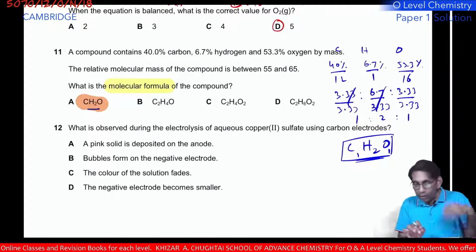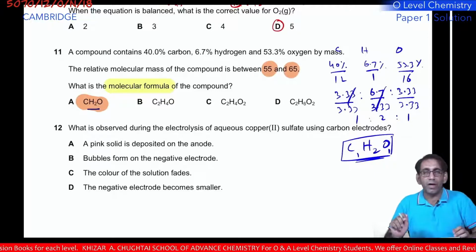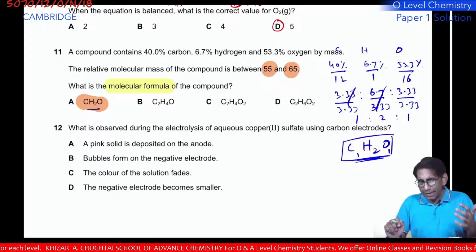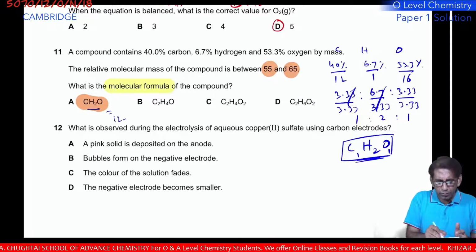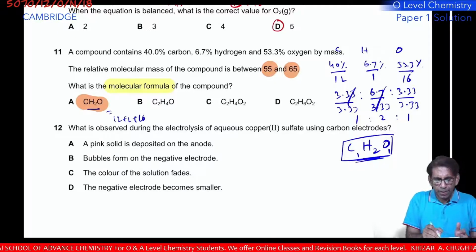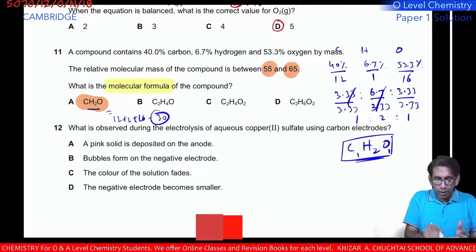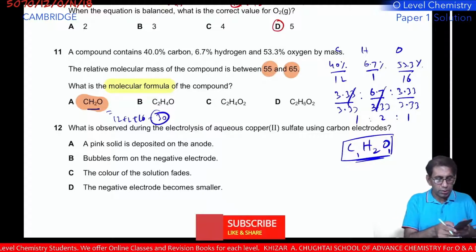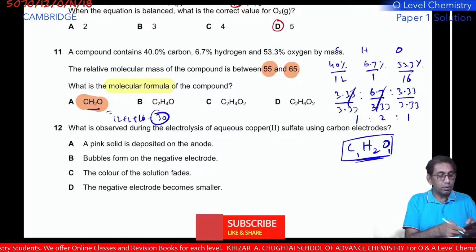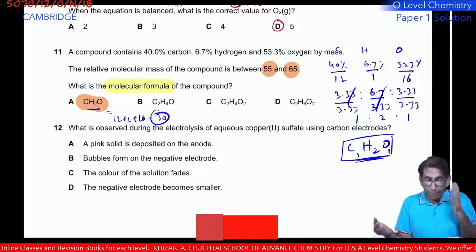This is not the molecular formula because its mass should be equal to 55 or 65. If I check its mass, it will be 12 plus 2 plus 16, which is 30. So that is not the case. That could not be the molecular formula.